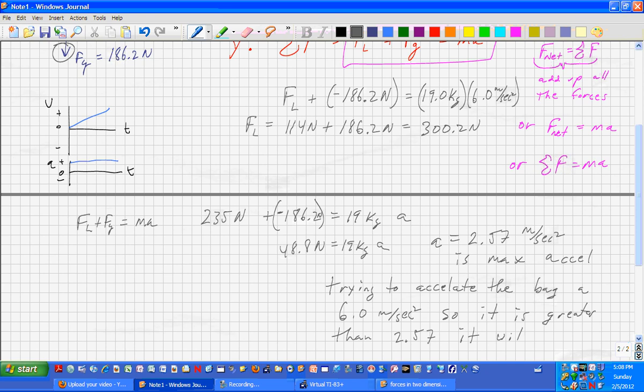It will rip. Okay, and just another way to do this, another way to attack the problem.